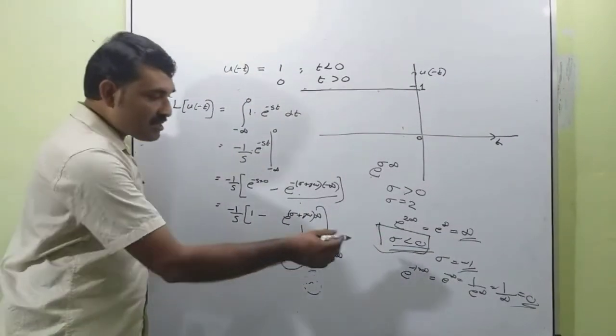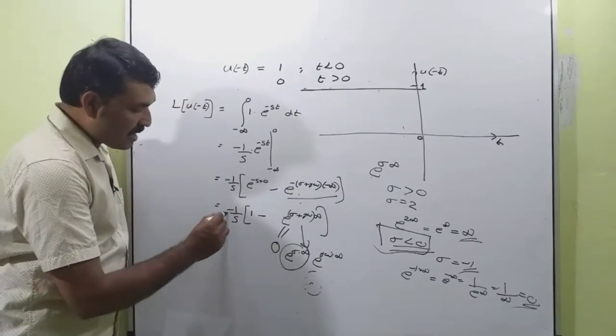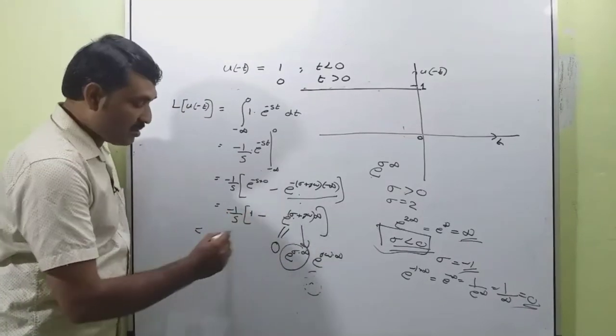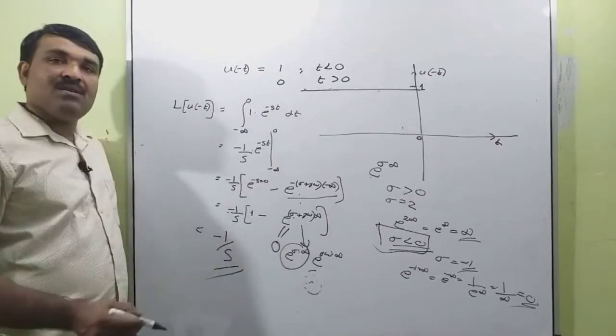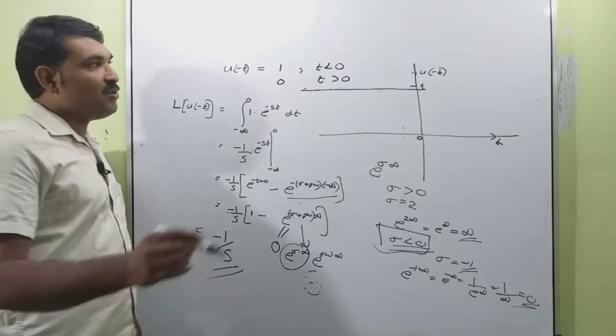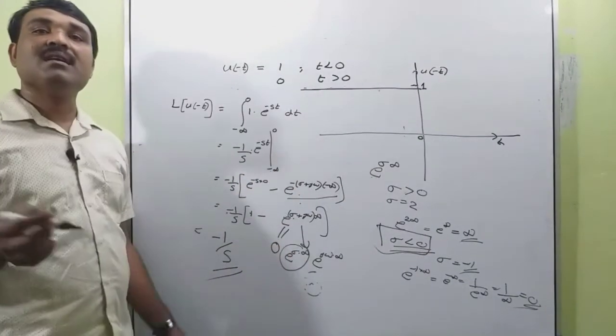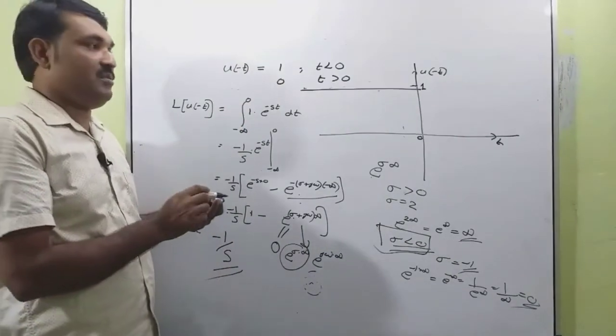When sigma is less than 0, this entire term becomes 0. So this becomes minus 1 by s into 1 minus 0, which is equal to minus 1 by s. So the region of convergence is sigma less than 0 for the signal u of minus t.